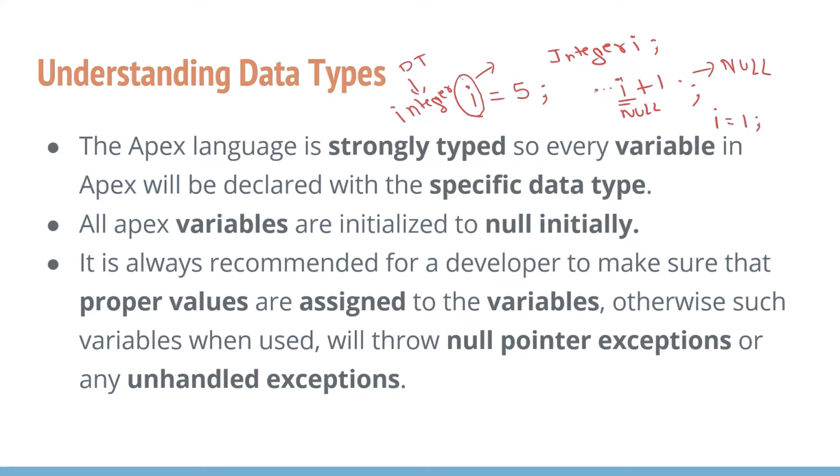It will throw an exception. So that's why we have to be very specific. We have to do null checks wherever required while writing Apex code. It's the best practice to do a null check before doing any operation.